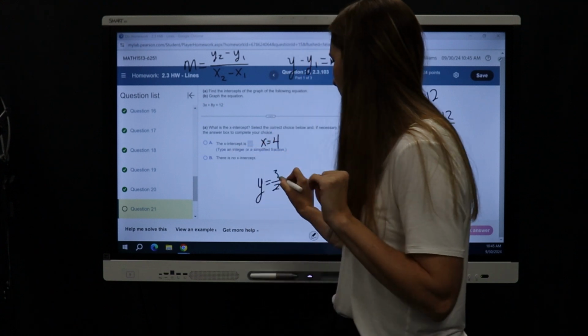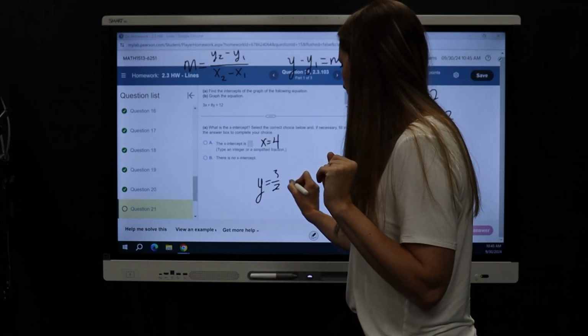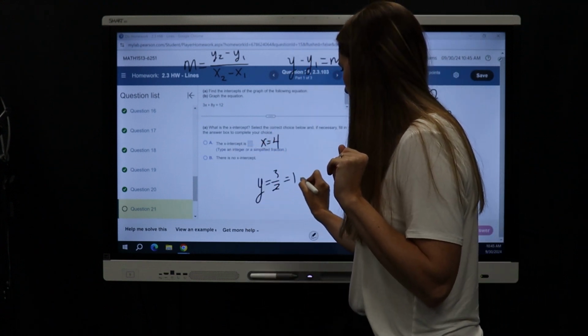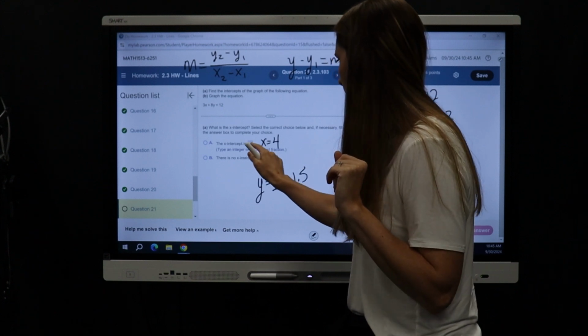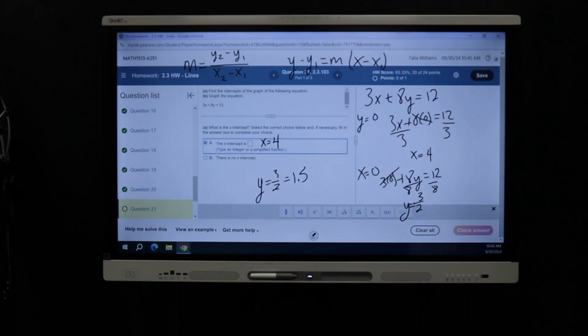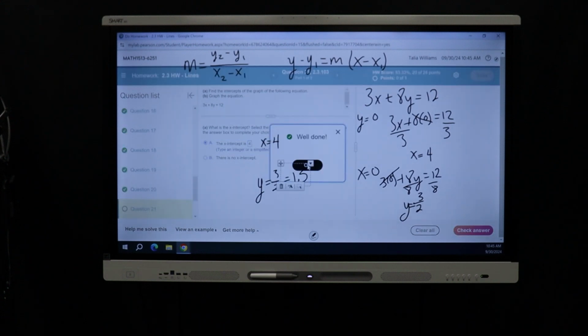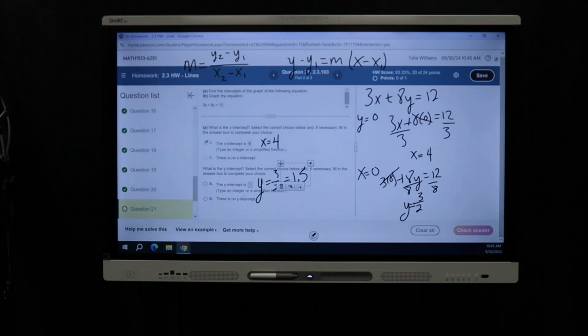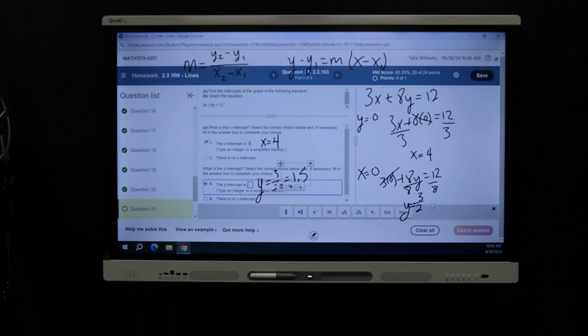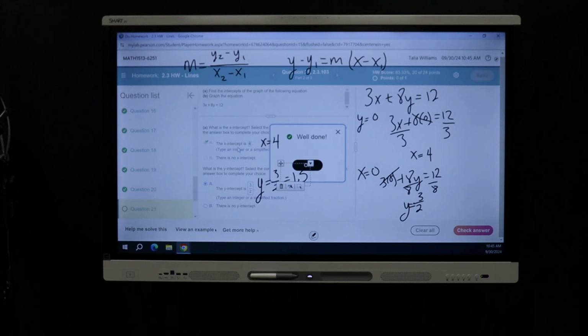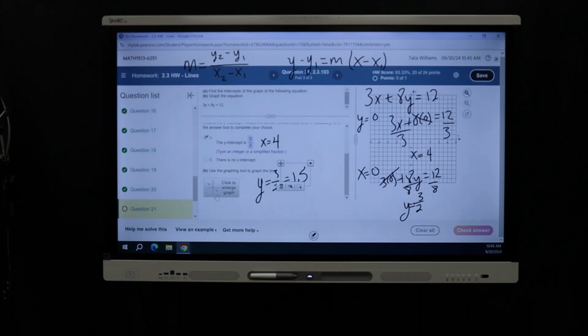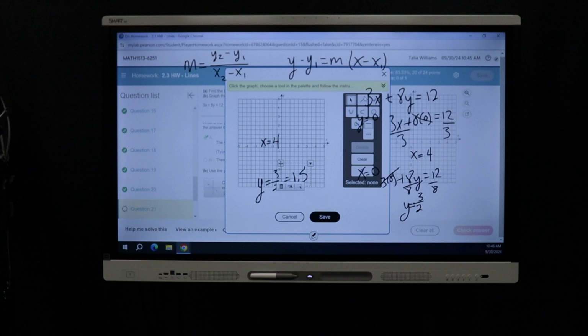And I'm going to write beside this 3 halves is also 1.5. The 1.5 is more so for the graphing part, because they want 3 over 2 here. But when we go to graph this, click your line.